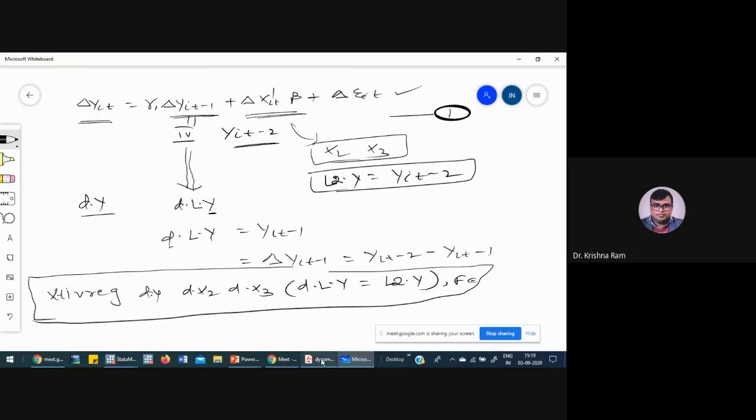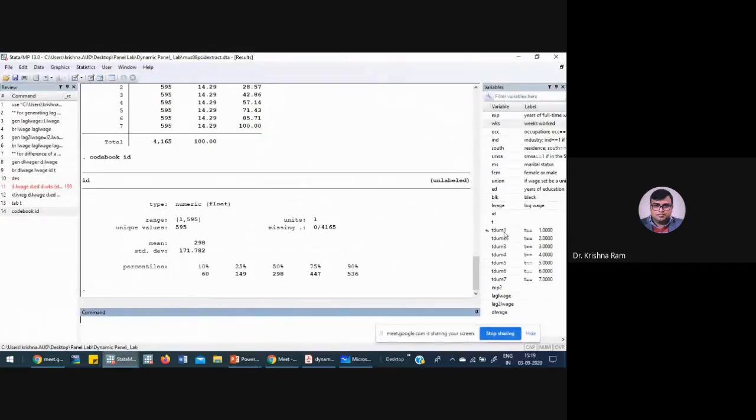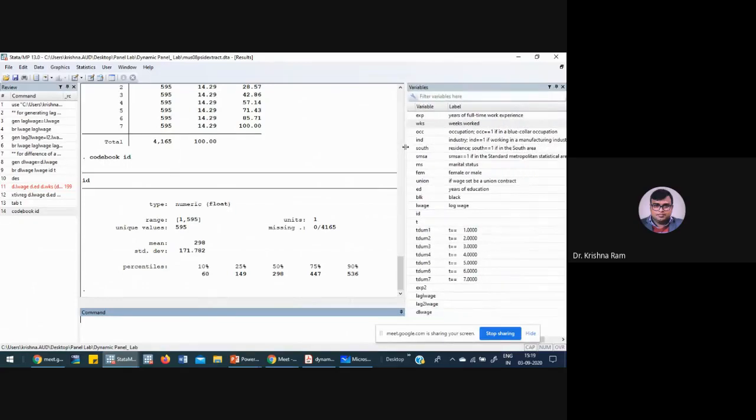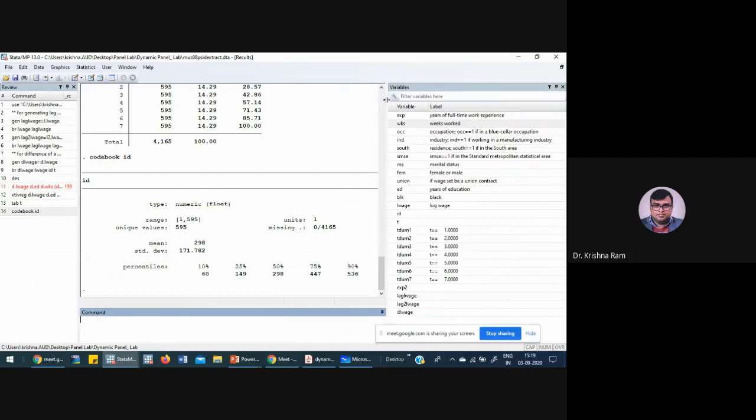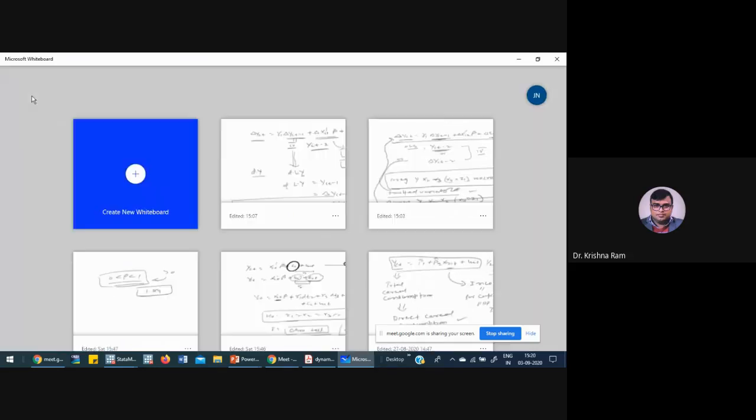So let's do that. For doing that, we are going to stick with the current data set, but we are going to modify our model a bit. In our earlier model, we included only one lag value of the dependent variable as an explanatory variable. Now I'm going to add another lag value of the dependent variable.